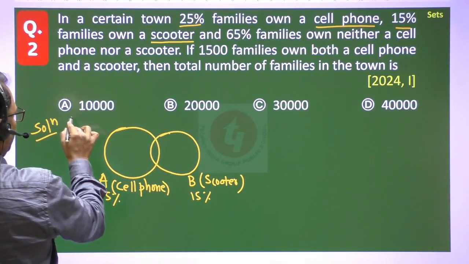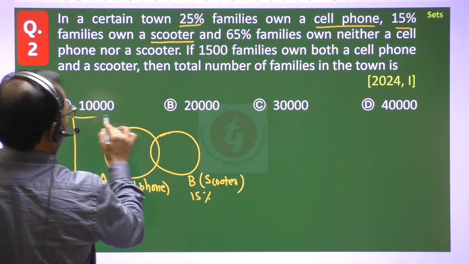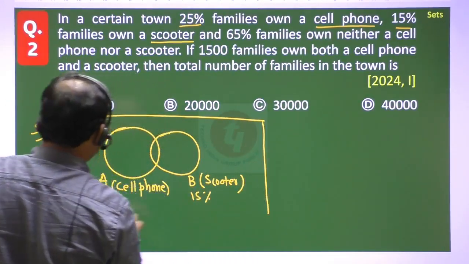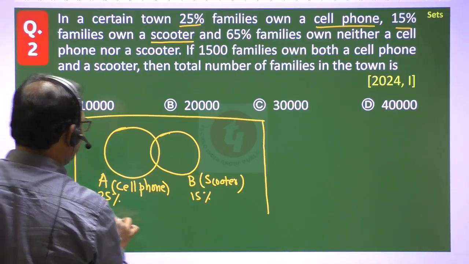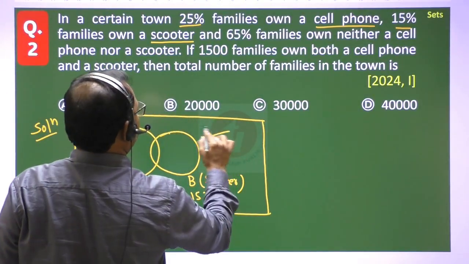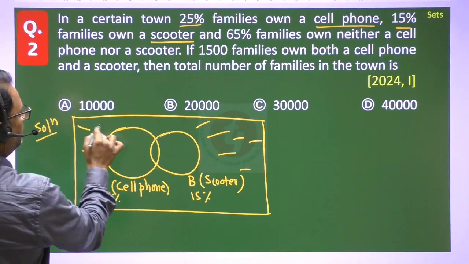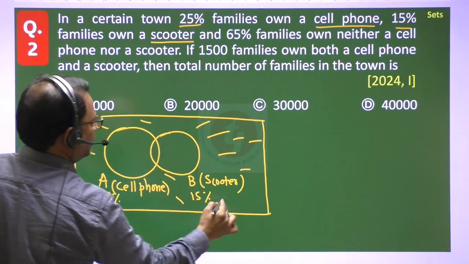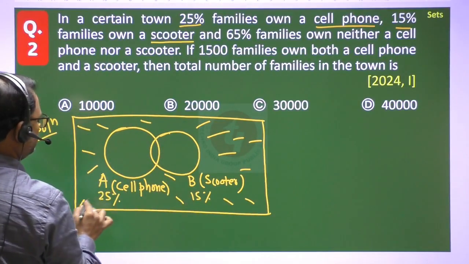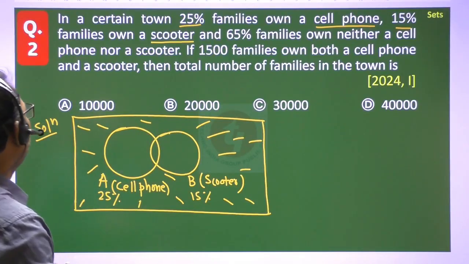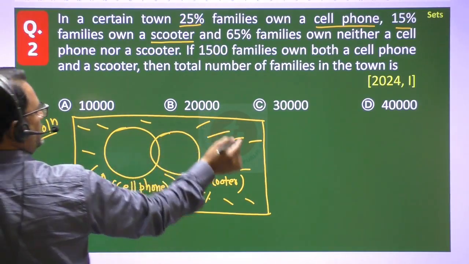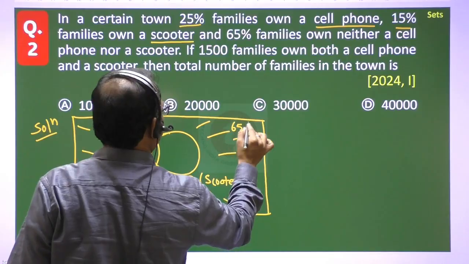So we have to form a rectangle for the universal set. All the elements outside of these sets, this shaded portion, have neither a cell phone nor a scooter. So this percentage is 65%.